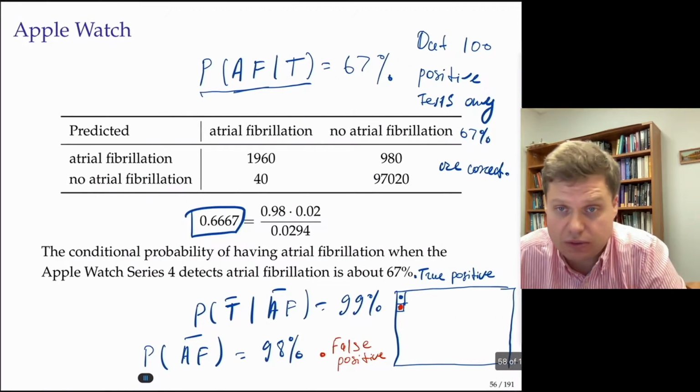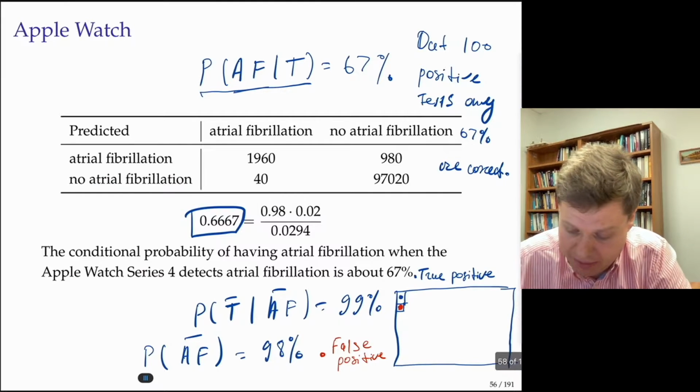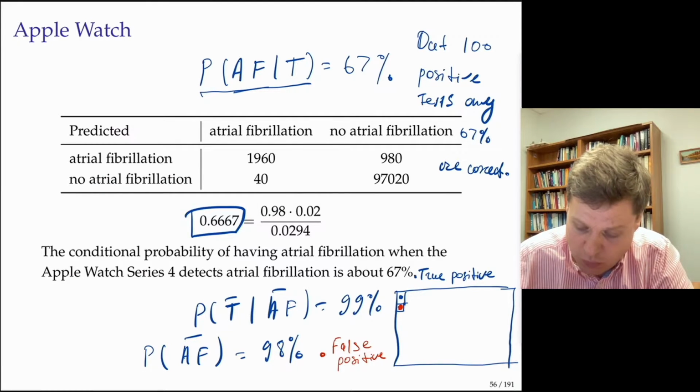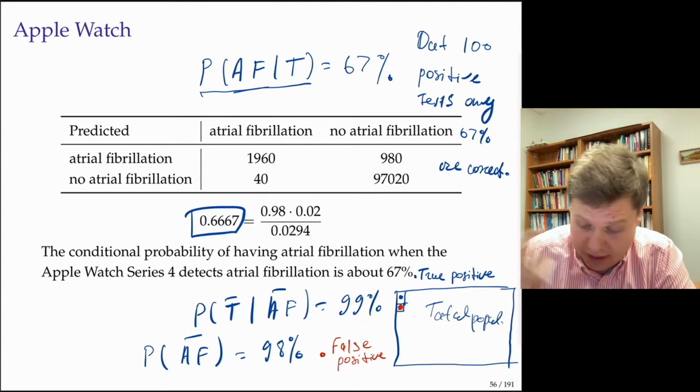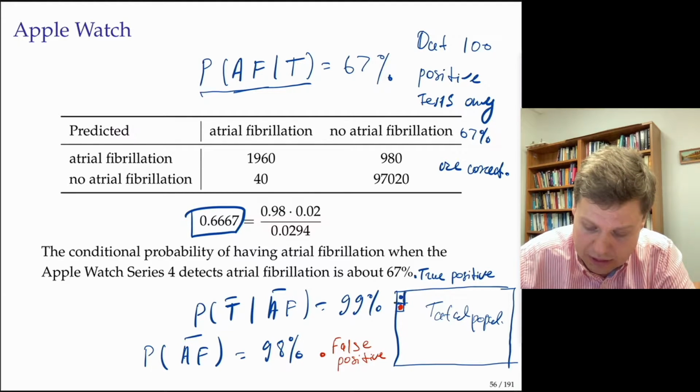If you try to picture what is happening, let's say we have this big square, which is our total population, and then you have this little square at the top left. That's the people with arterial fibrillation.